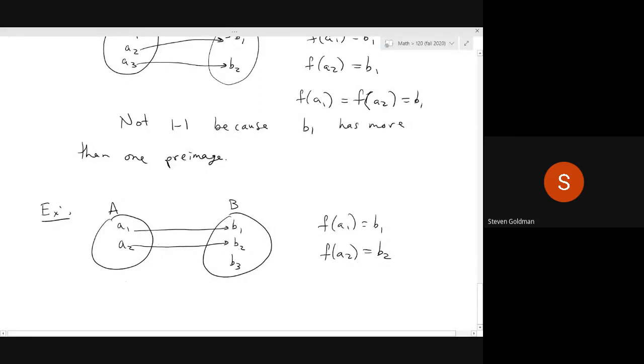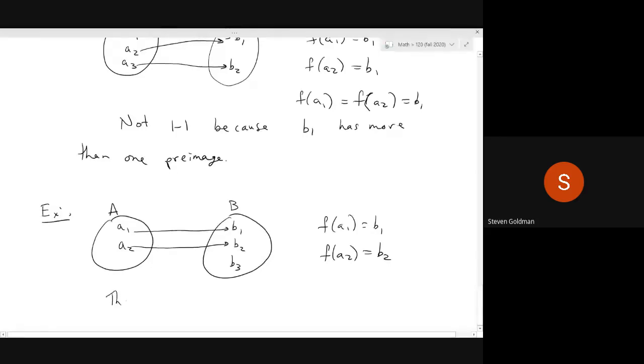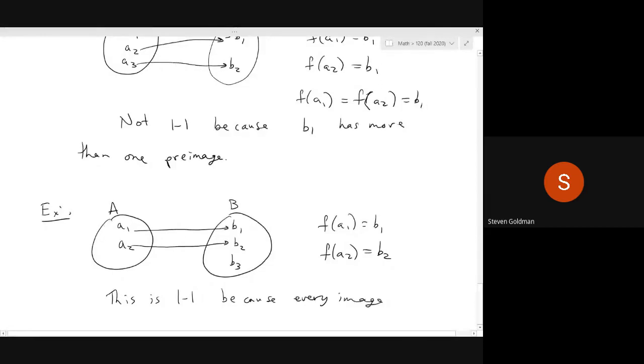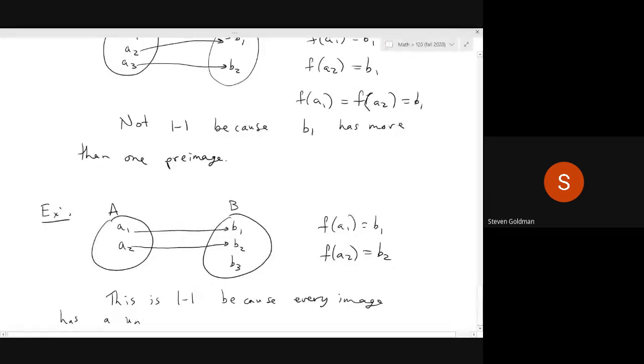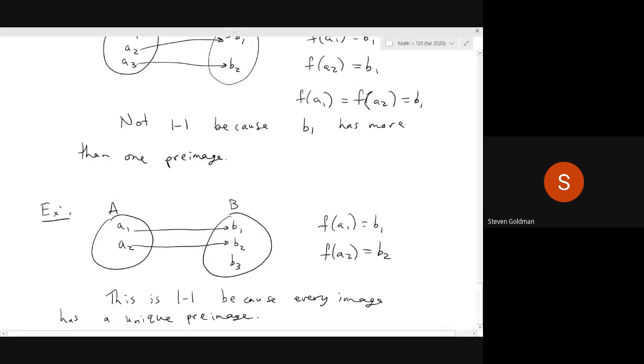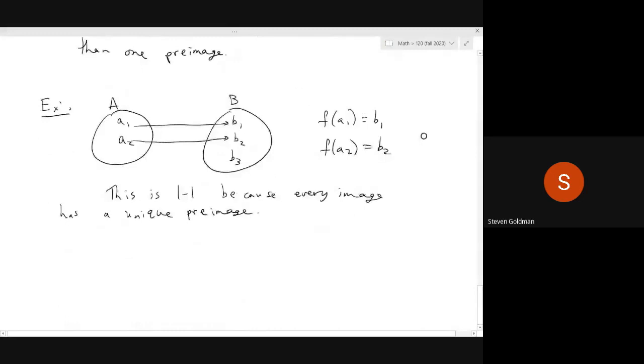Every image has at most one pre-image, so this would be one-to-one, because every image has a unique pre-image. Yes, exactly. In other words, there are no repeating y values. If a y value repeats, then it's not one-to-one.